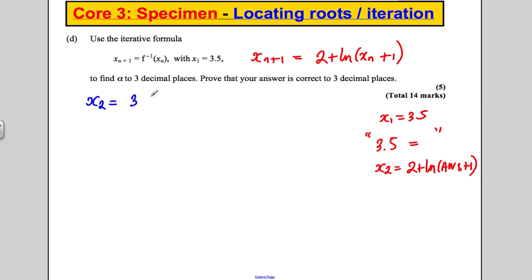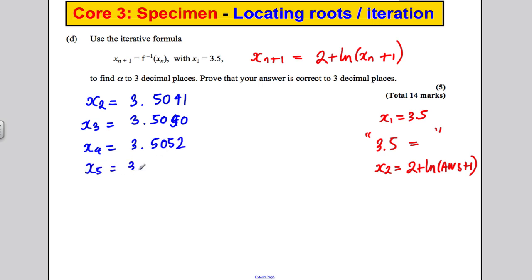x2 is equal to 3.5041. x3, pressing equals, 3.5045 in fact. x4 would be 3.5052. x5 would be 3.5052.